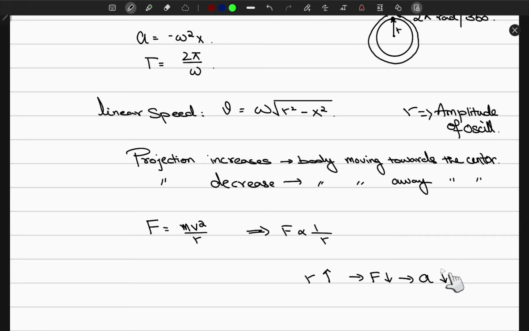Hence, the body would start decelerating and the projection speed would decrease if the body moves away from the center. Similarly, if r decreases, so if the body is moving towards the center, then the force from this expression would increase, and hence the acceleration would increase, which would mean that the speed would increase, right? And in this case, the speed was decreasing. So that's the reasoning behind this.